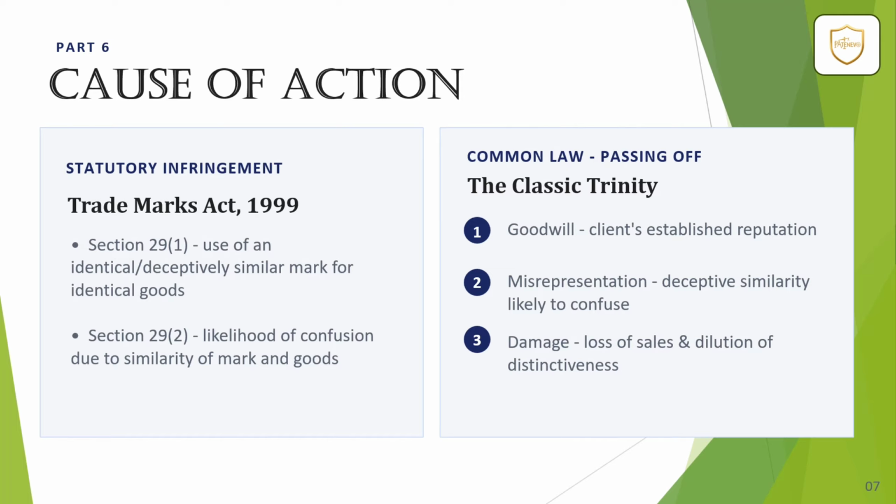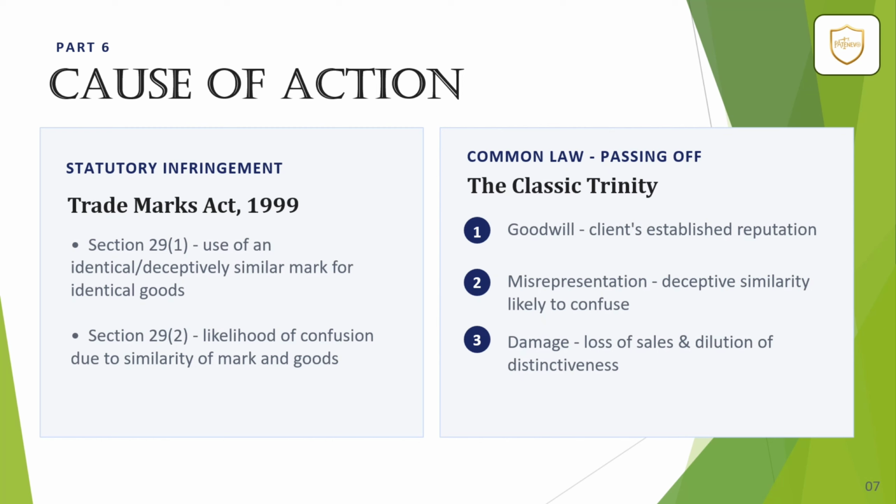Section 29(1) covers the use of an identical or deceptively similar mark on identical goods, and Section 29(2) covers the likelihood of confusion arising from similarity of the mark and the goods. The second, and don't skip this even if you have a registration, you plead passing off as well.